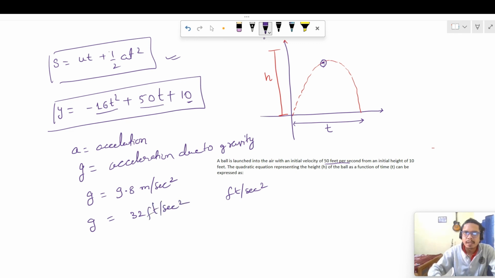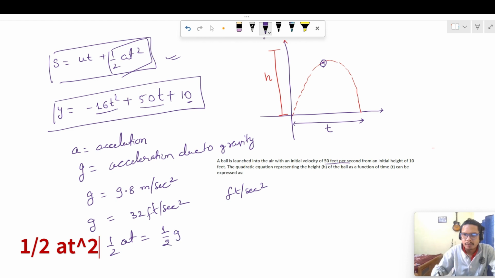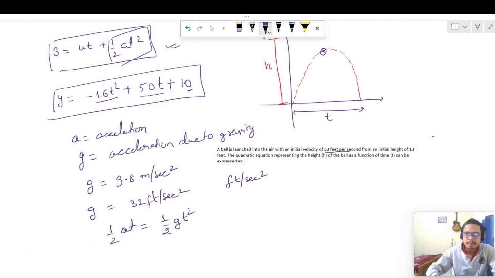When we take this part of at², which is pretty much equal to half gt² in the case of this flying ball, it will be 32 over 2 times t², so it's going to be 16t². And the negative sign is obviously because of gravity, because the ball is going upward against the gravity.